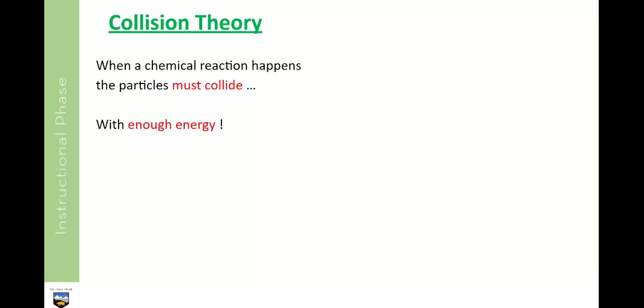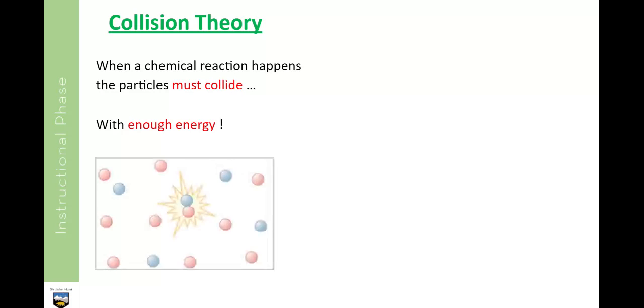When chemical reactions happen, the particles must collide. If they don't collide, if they don't bang into each other, no reaction can happen. And when they do collide, they must collide with enough energy. If there isn't enough energy and they just bump into each other, they don't react. And remember, that energy is called activation energy. It activates, it starts the reaction.